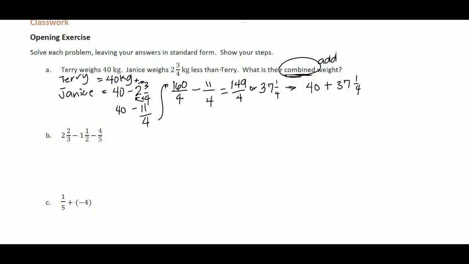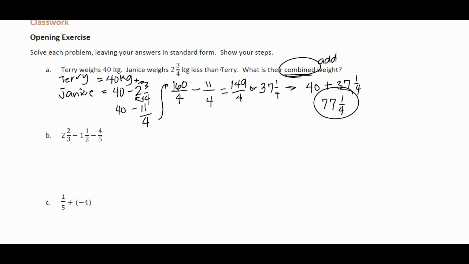So we can just add the whole numbers, 40 and 37, which will result to 77 and 1/4. All right.